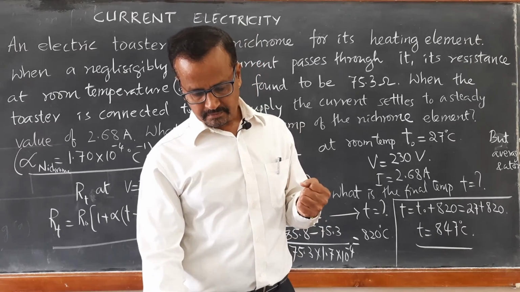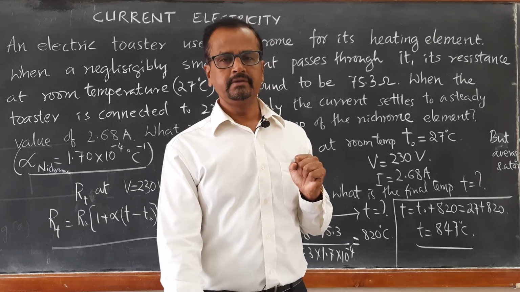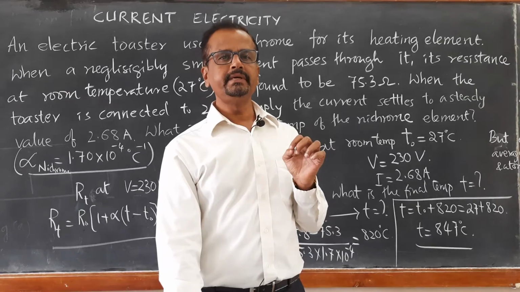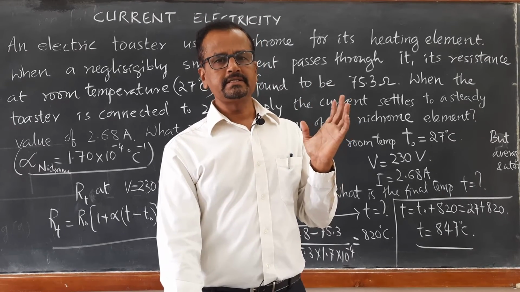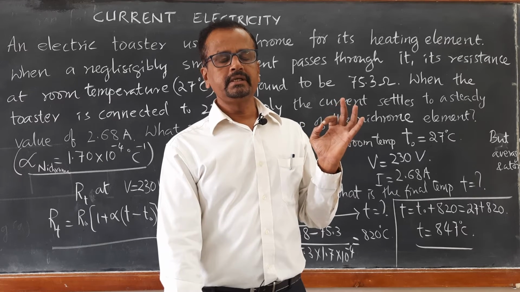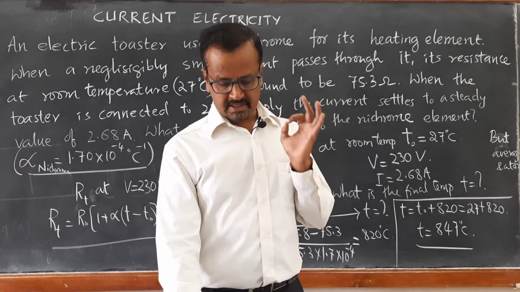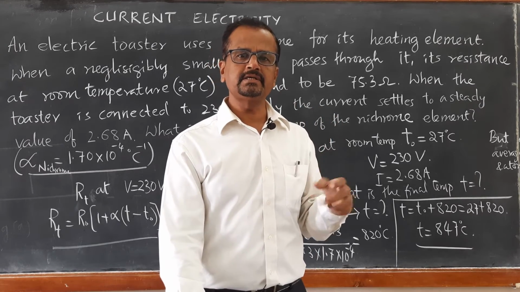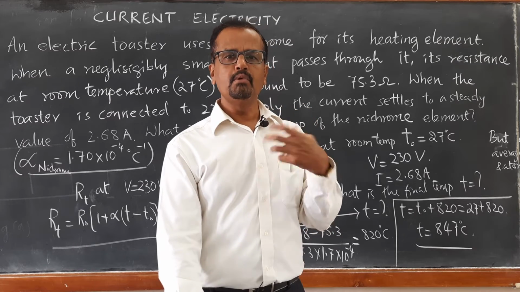Whereas for nichrome, its temperature coefficient of resistivity being very low, its resistance does not increase much. So, what happens finally is, because of its high resistivity, its coil will have a higher resistance. It shows more and more opposition to the flow of charges, more and more collisions.